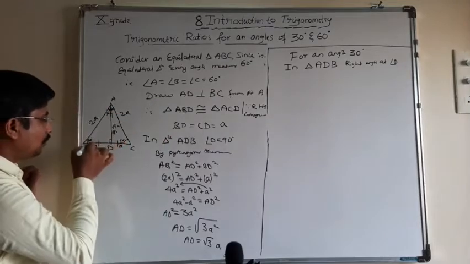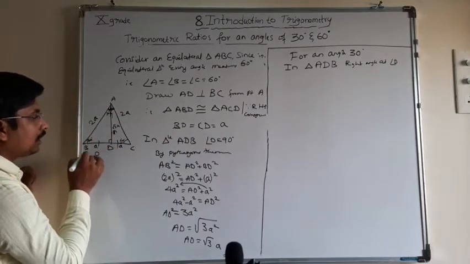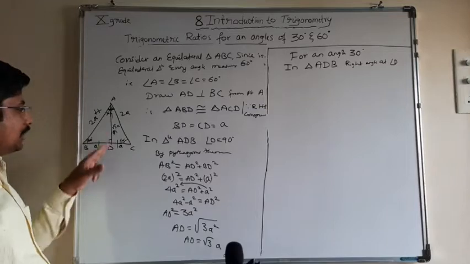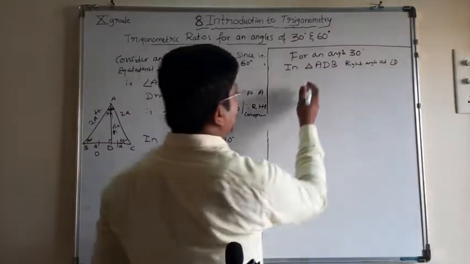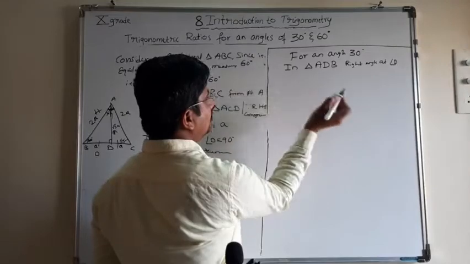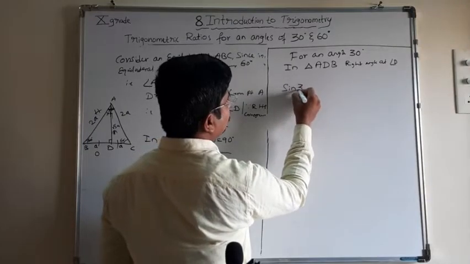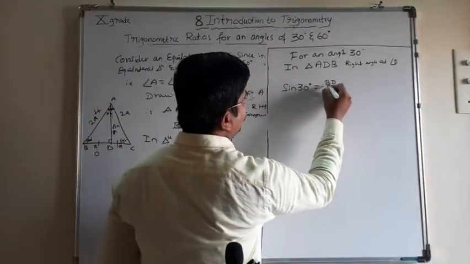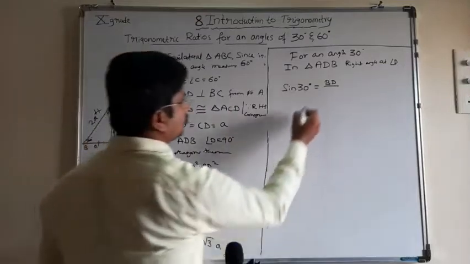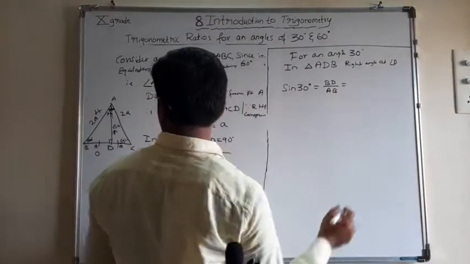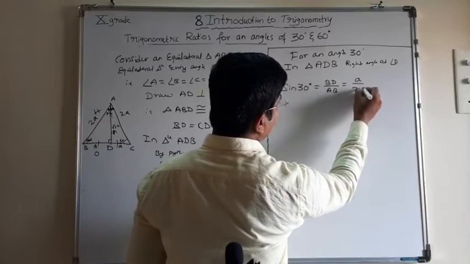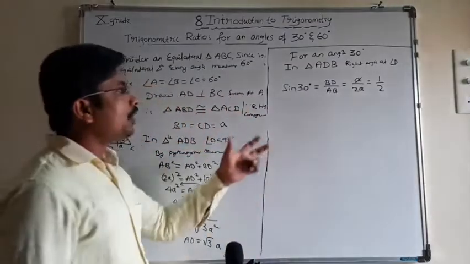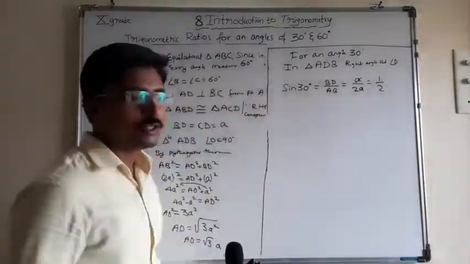Sin 30 degree is equal to the opposite side BD divided by hypotenuse AB, which is a divided by 2a. The a will get cancelled, we are left with 1 upon 2. Therefore, the value of sin 30 degree is 1 by 2.